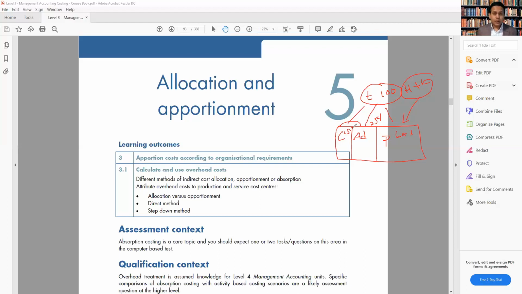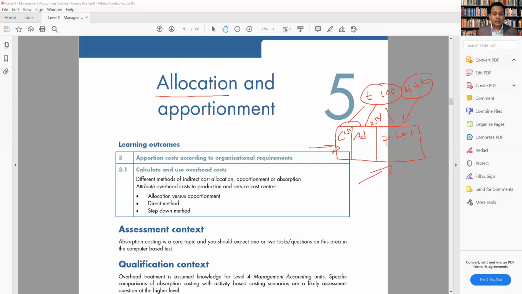When we can directly allocate a cost, we call it allocation. For example, if there is a cost for the production, we directly allocate it to the production. If there is a specific cost for the canteen, we give it to the canteen. But if this is council tax, or heat and lighting, the cost doesn't belong to any specific department.